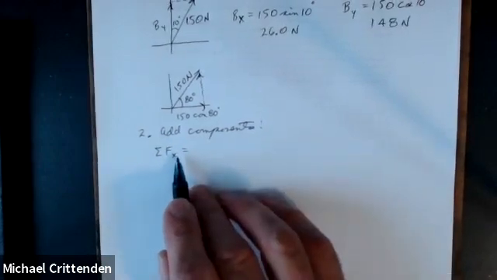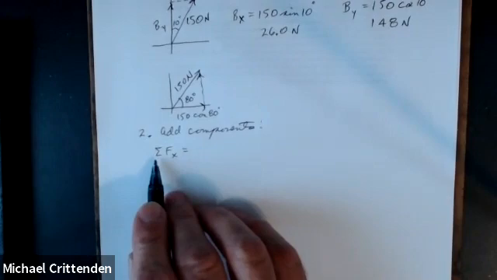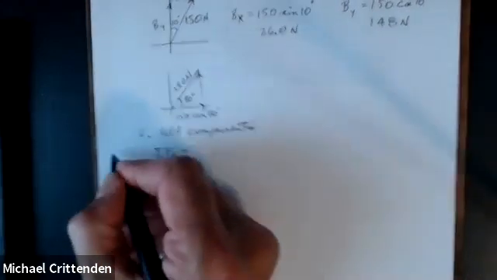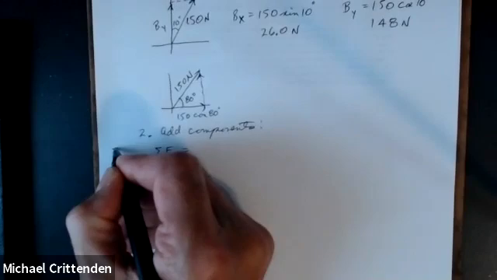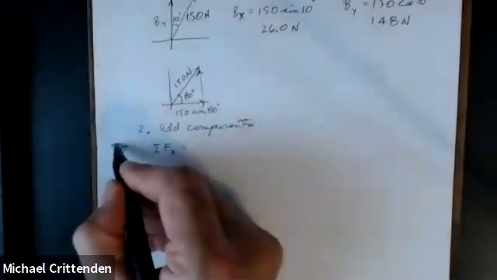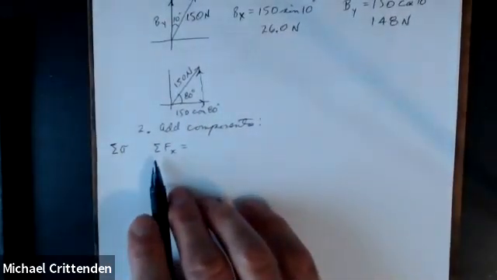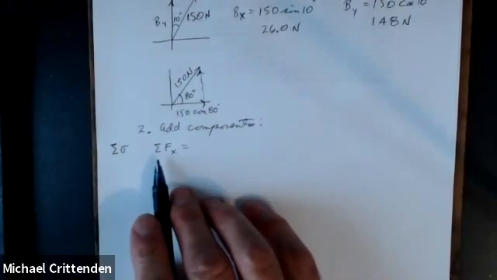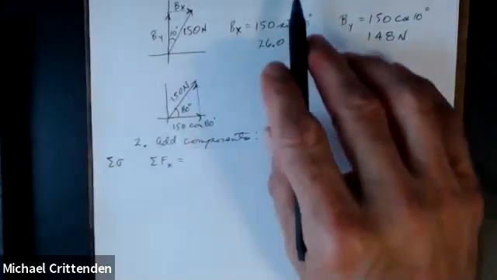Sum of the forces in the x direction. This is the math. What it is originally is the Greek letter sigma. Sigma is a Greek S, S for sum. Capital sigma, lowercase sigma. Sigma for summation. Add up the x's.